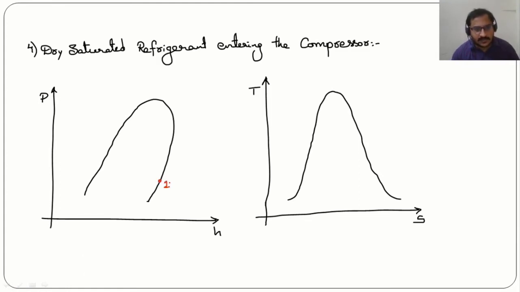So point 1 will be here. So here also point 1 is here. Then isentropic compression takes place. If you observe, if isentropic compression takes place, the second condition is obviously coming into the superheated state. So point 2 will be in the superheated region. So here also isentropic compression, the pressure rises, enthalpy increases.